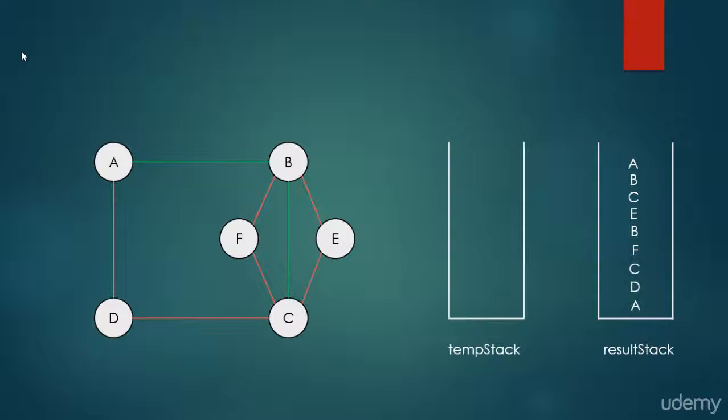Then we have to go to C, then to E, to C, then E, then B, then F, then C, then D, and lastly back to A, because that's the definition of Eulerian cycle, that the starting point is the same as the finishing point. So that's all about this algorithm. It's much more efficient. It is the best known algorithm for solving the Eulerian cycle problem.